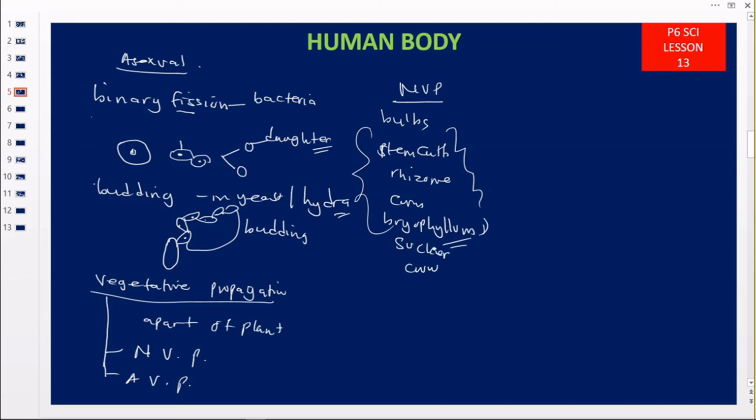But again, what I'm going to dwell on today is what we call the artificial vegetative propagation. Here it is man aiding in the propagation, in the reproduction of these plants. Now these artificial methods: one, there is budding; two, grafting, as we discussed in our classification of plants.